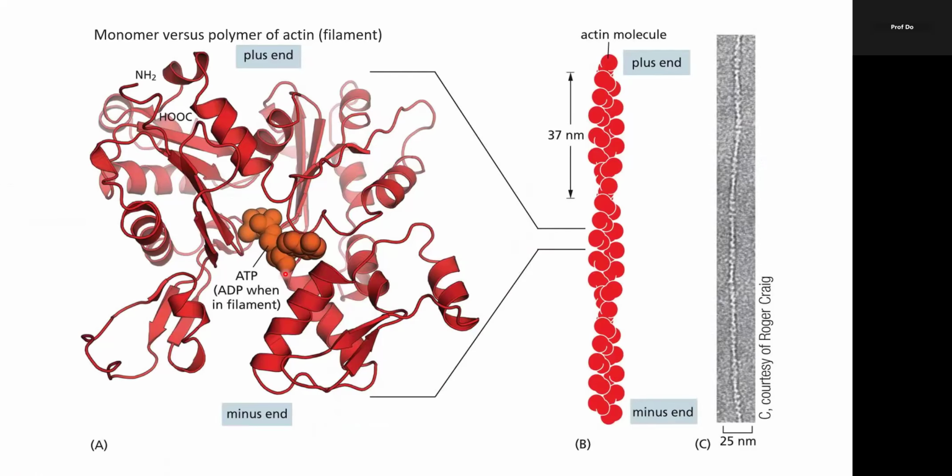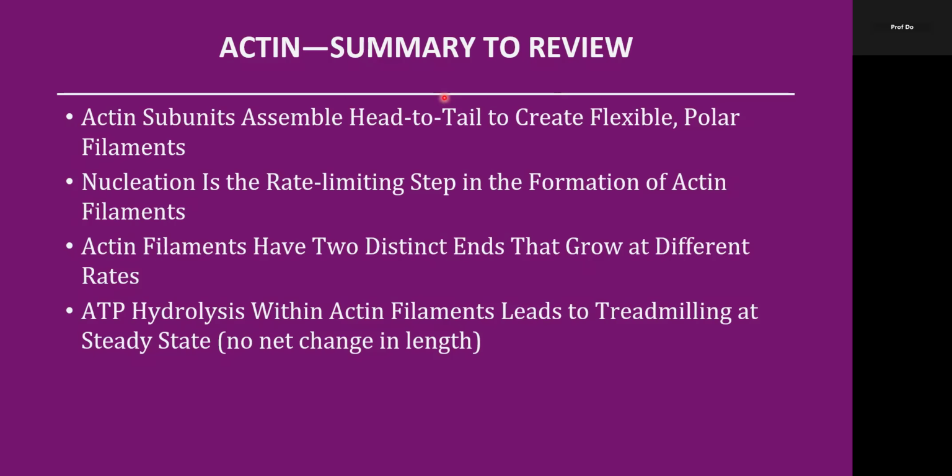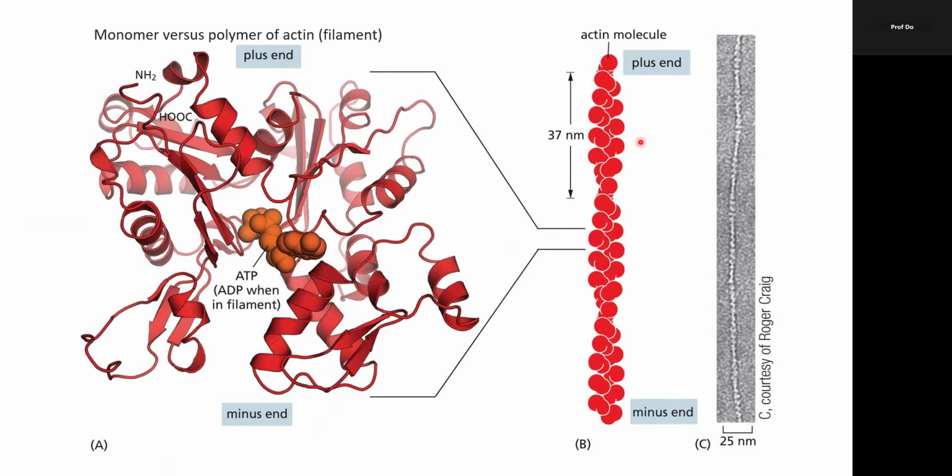So as we're looking through this, we'll notice that, hey, look, each of these subunits are going to be arranged from a positive to negative end, or in this case, a head to tail, to create a flexible filament. Now, we know, at least hopefully, that if actin is our muscle fibers, our muscles are not stiff.